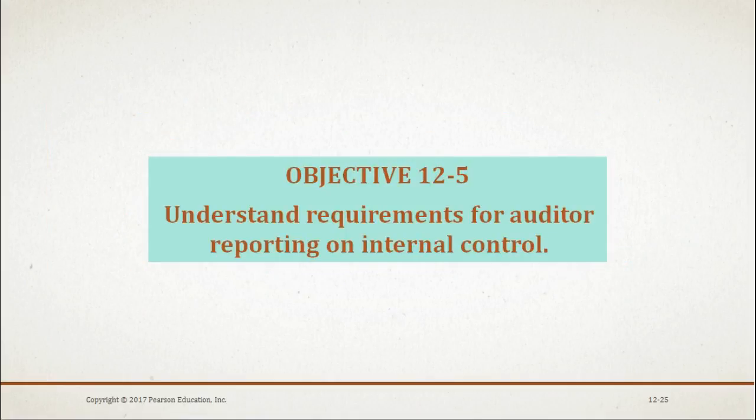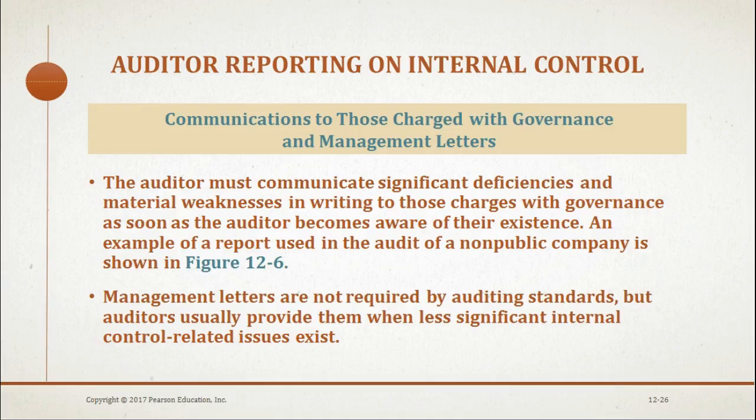On the next slide, we will cover the requirements for the auditor in reporting on internal control. The auditor must communicate significant deficiencies and material weaknesses in writing to those charged with governance as soon as the auditor becomes aware of their existence.